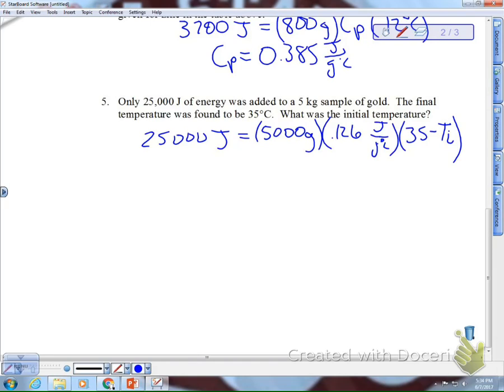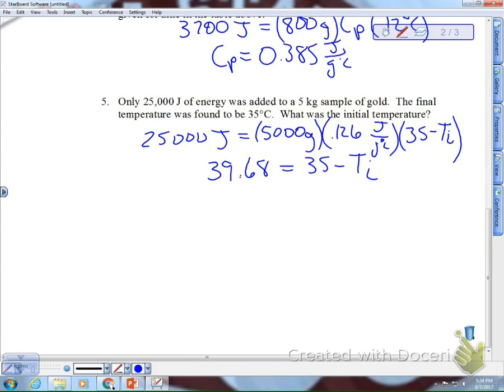All right, so just working this one in steps because the algebra is a little bit, not hard, but just unusual. So we have 39.68 equals 35 minus Ti. That's just from dividing 25,000 by 5,000 and 0.126.